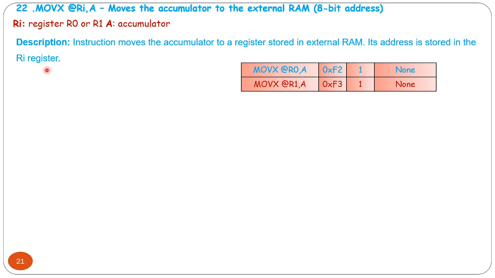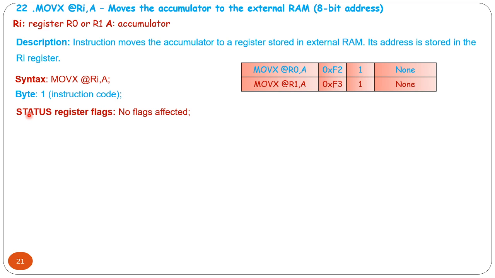RI may be R0 or R1. It is a 1 byte instruction, and flags are not affected. MOVX @R0, A has the operation code F2H. MOVX @R1, A has the operation code F3H.